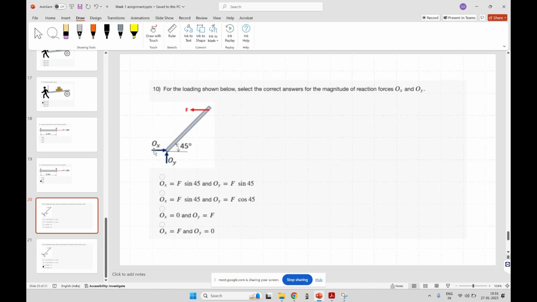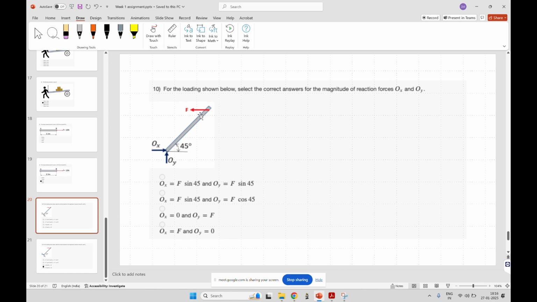So basically, if you were to split F into its Fx and Fy components, Fx would be equal to F, and Fy would be equal to 0, because it is not at an angle.